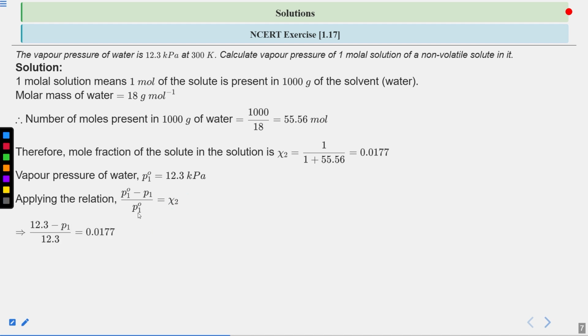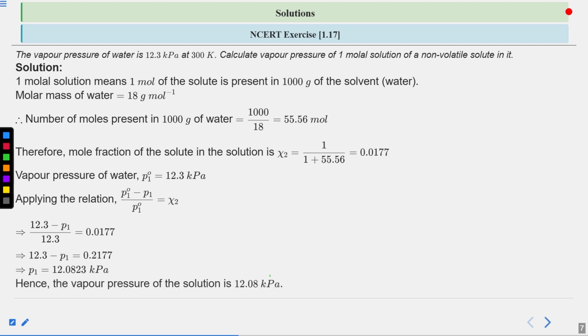If you put all these values here, chi 2 is calculated. P1⁰ is given as 12.3. So this will give you P1, which is further calculated as 12.3 minus P1 is equal to 0.2177. So we have just multiplied this here. Finally, your P1 value will be 12.08 kilopascal.